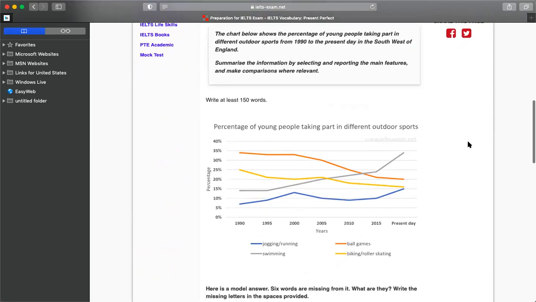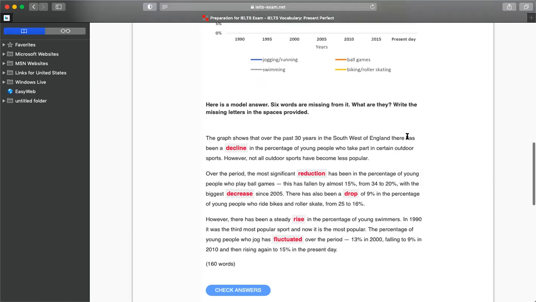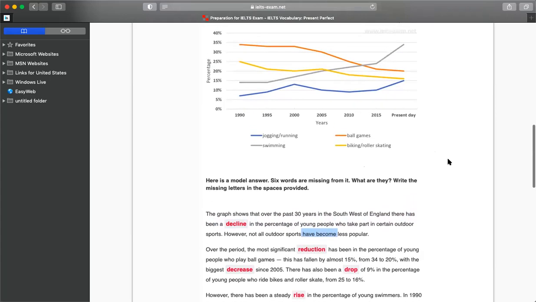In this case, the candidate is using present perfect. Present perfect is the combination of have or has and the past participle of the verb. For example, has been, or have been, or have become. As you can see, the reason that the candidate is using present perfect in this video is because the candidate started the whole writing pattern from 1990 to present time.